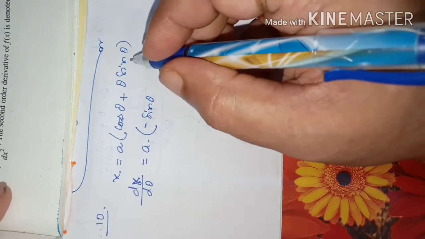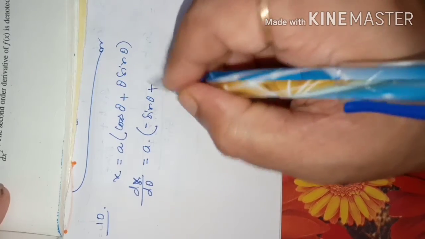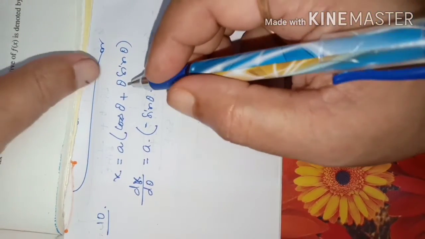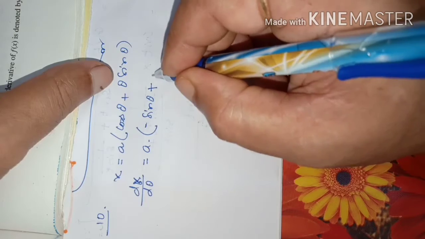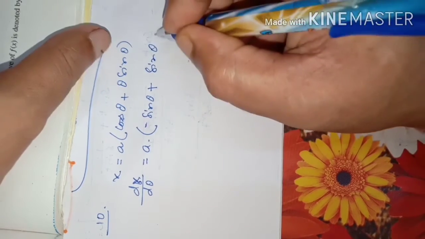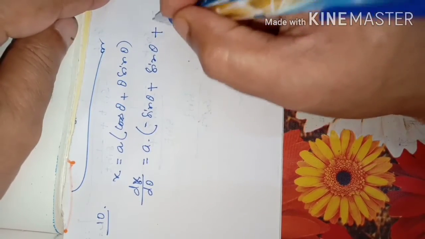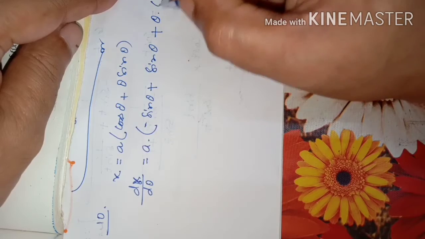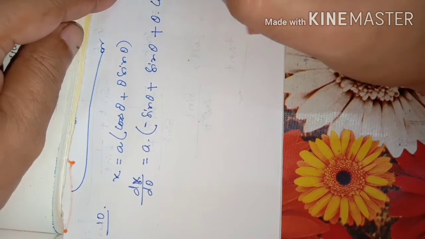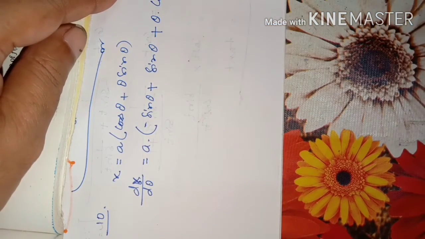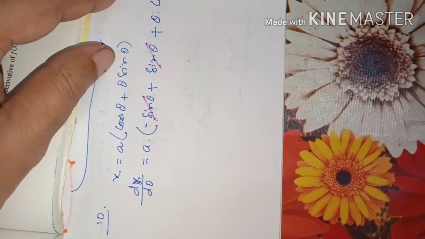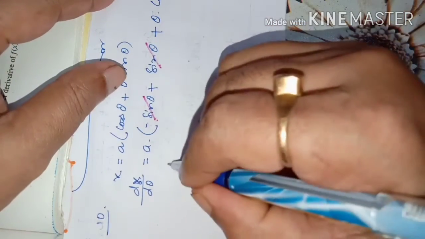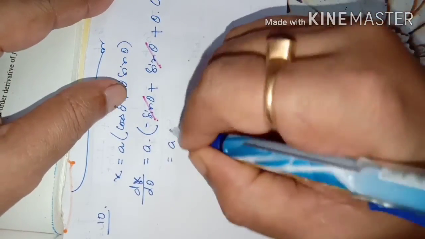Then theta into sin theta, we can differentiate this one by using the u into v rule. So d by d theta of theta is 1, so into sin theta plus theta as it is, sin theta's derivative is cos theta. So then here it is sin theta positive, negative cancelled. So the final thing is here a into theta cos theta.